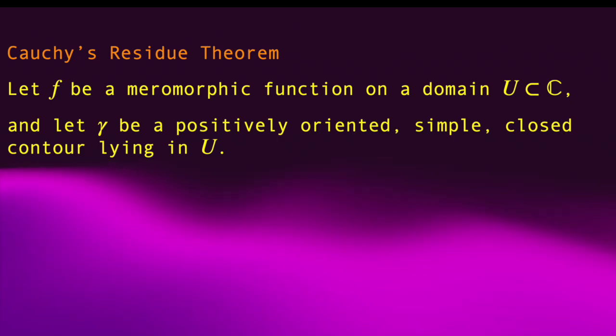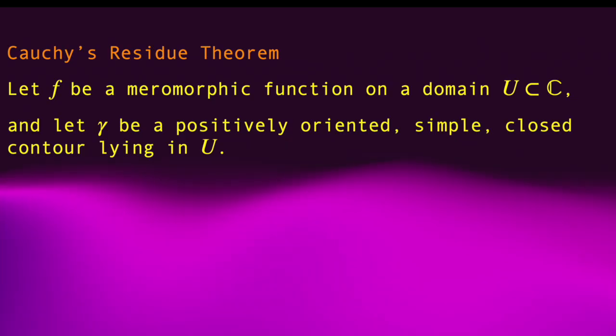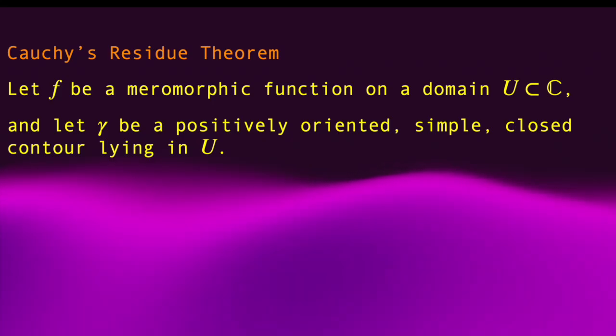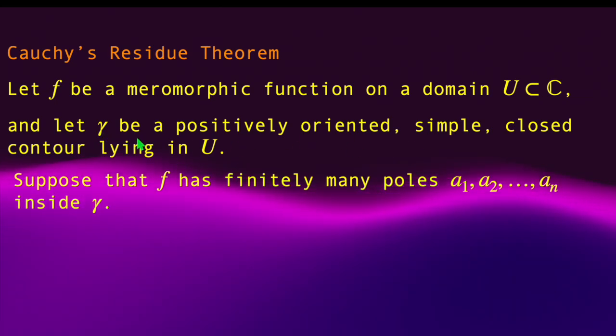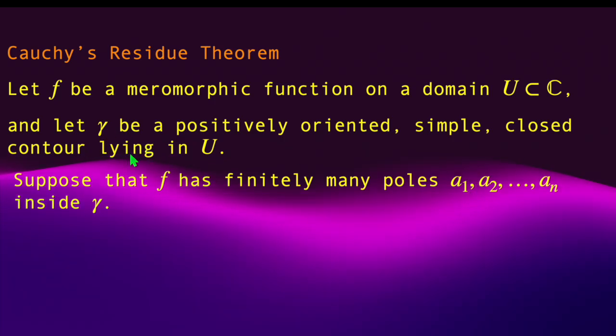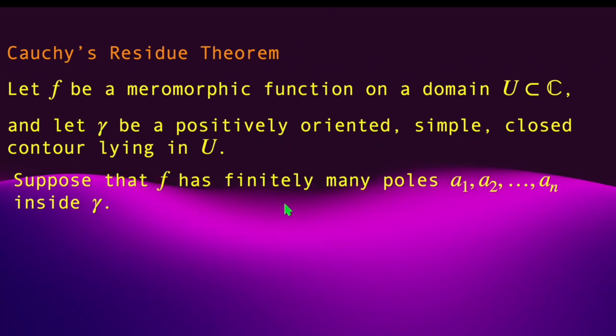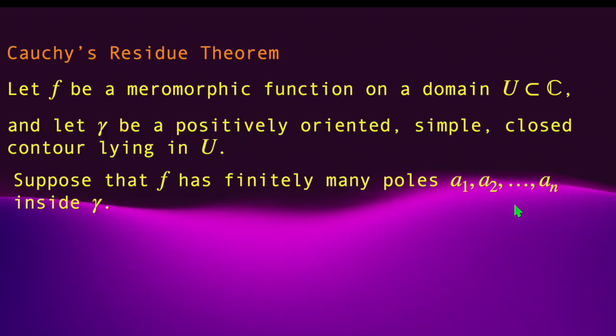So the Cauchy residue theorem tells us that if we have a meromorphic function on a domain U in C, and a curve which is positively oriented, simple and closed in U, and inside this curve there are n poles.